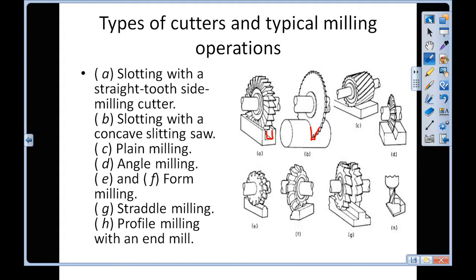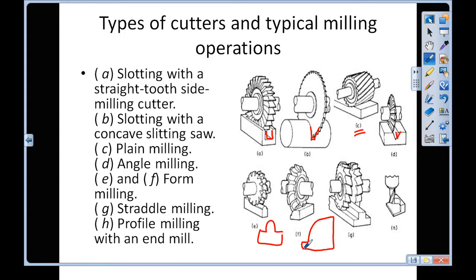Plane milling, this is a simple figure, plane milling operation. Angle milling, in this one angle V type notches are produced, and some form milling, this one is form milling. This one is also form milling.